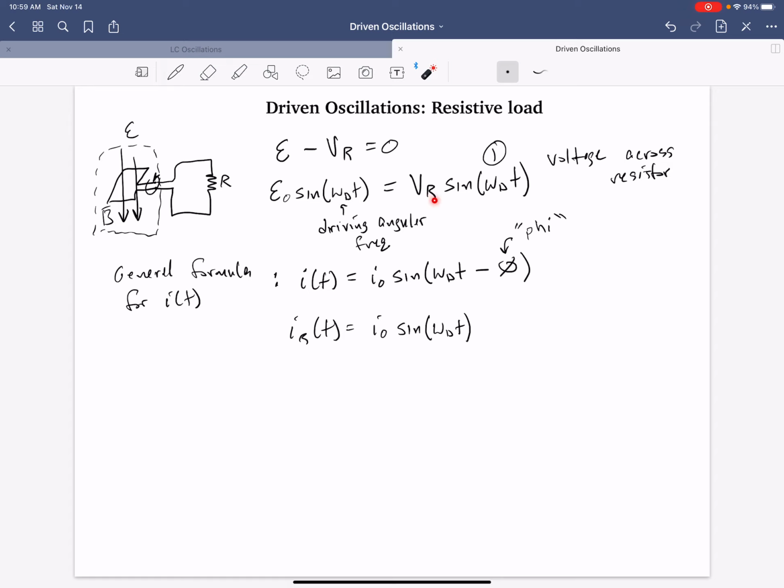We said this was the voltage. Well, the current is directly related to that voltage right here. So in fact, we can rewrite that a little bit if we want to. Current, let's see, V equals IR, so current is V over R, and I'll write that as the voltage of the resistor.